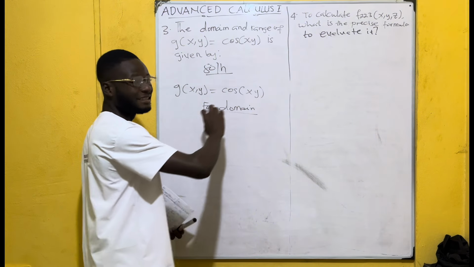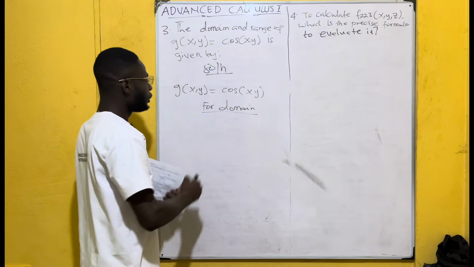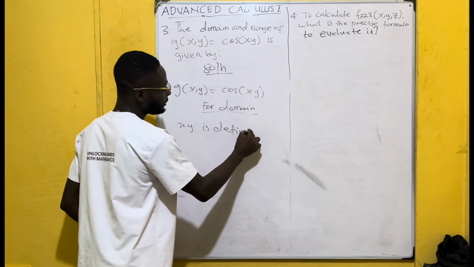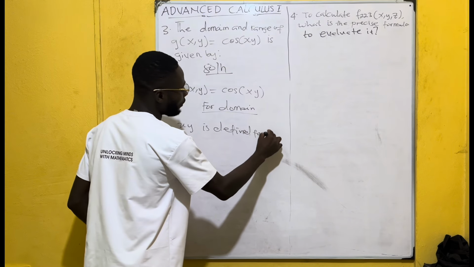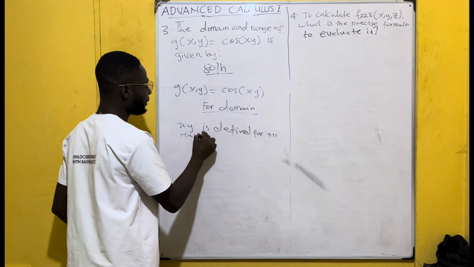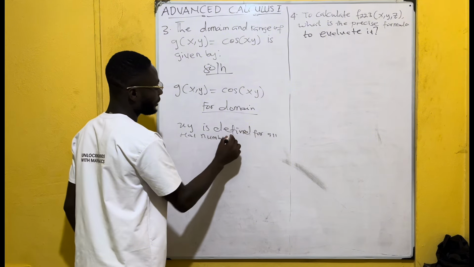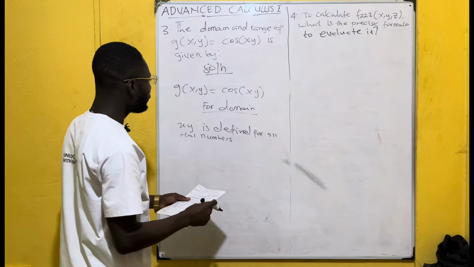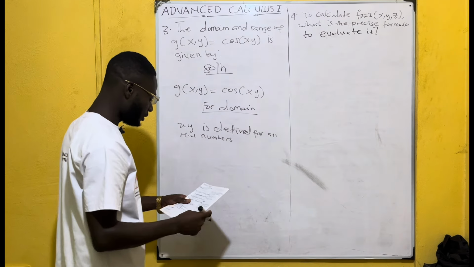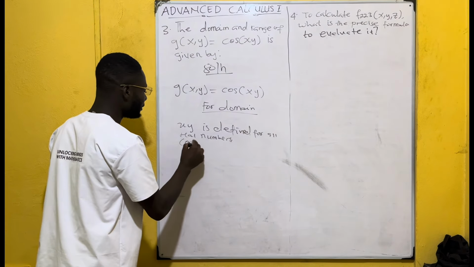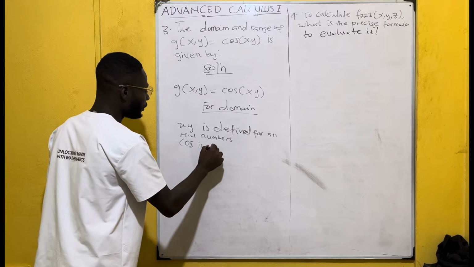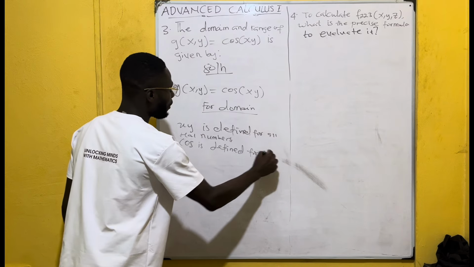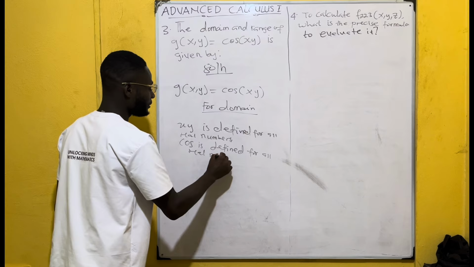So xy is defined for all real numbers. And then we know that cos is also defined for all real numbers.